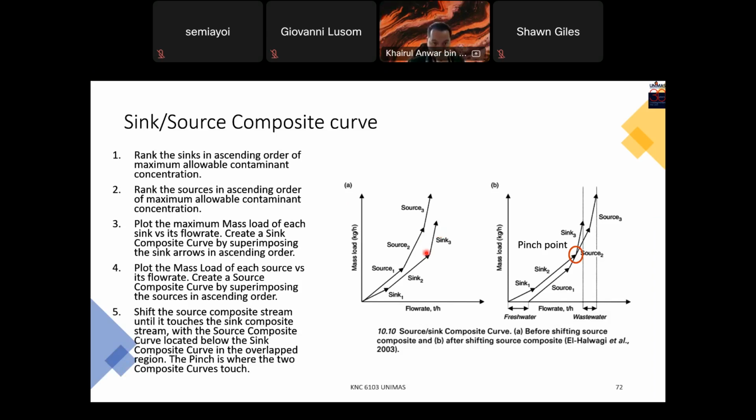So if you refer to the demand and the source, for your case from that information you need to plot it in the same descending order of contaminant concentration. So the mass load refers to the PM.